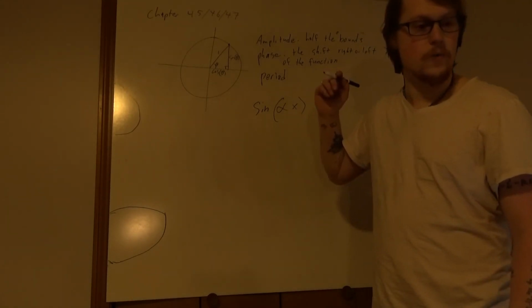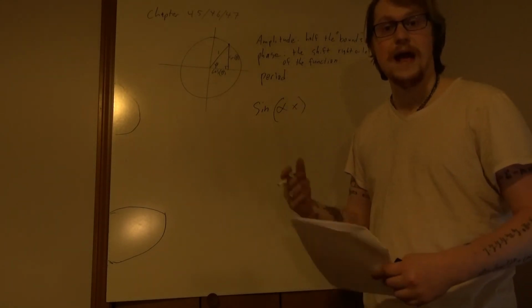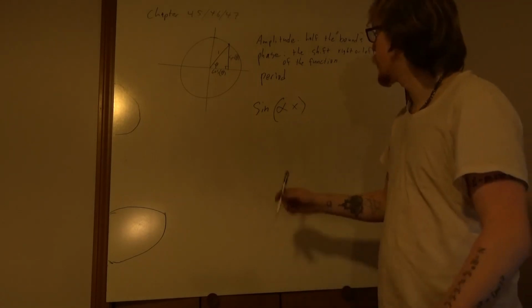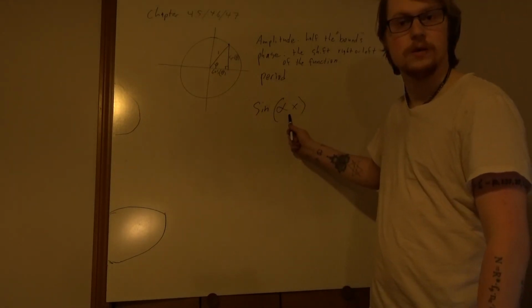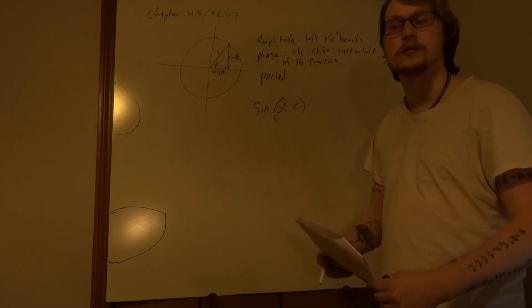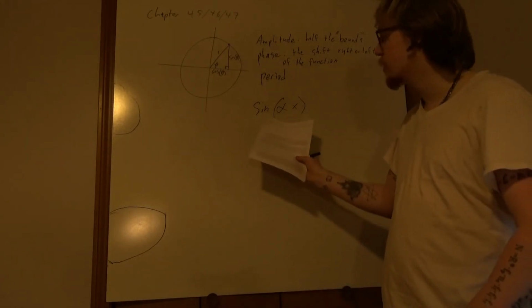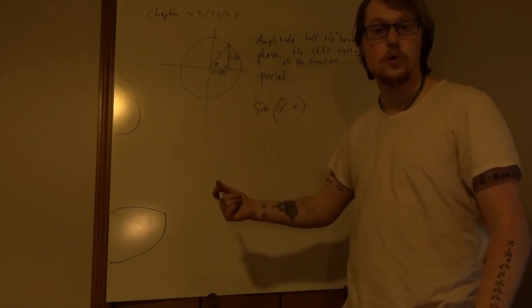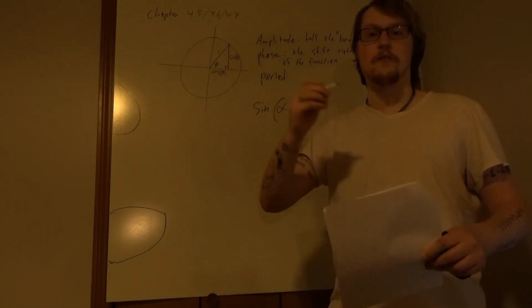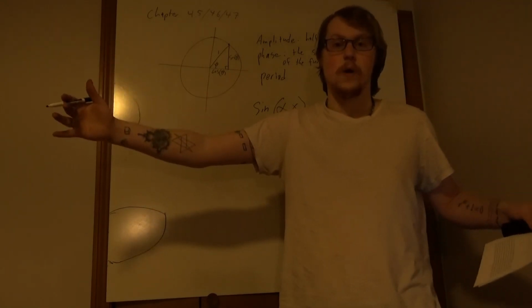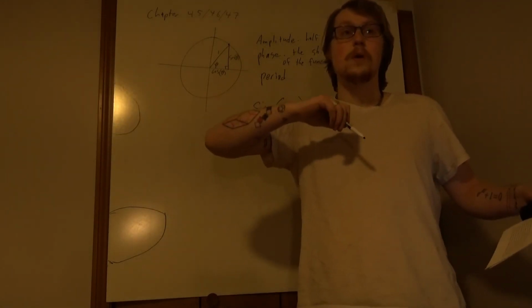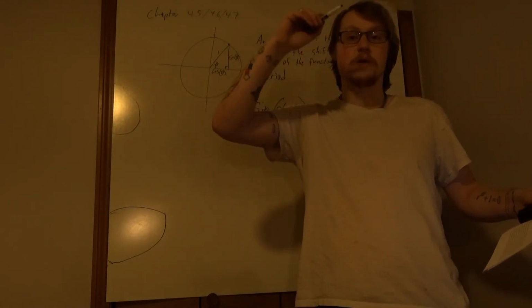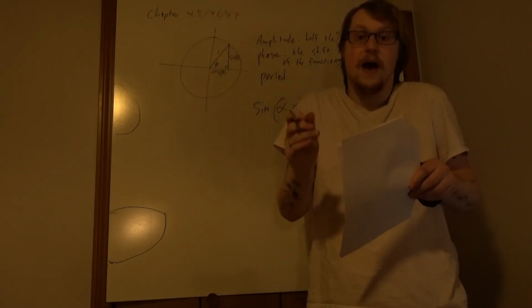So when it came to the phase, we were adding something to x. Now we are going to be multiplying something onto x. And what that is going to do is change where sine thinks the different values are. If we were to have alpha equals 2, it would effectively think every x value is 2 times farther away than it is, and so we would expect to see the period actually shrink by half.